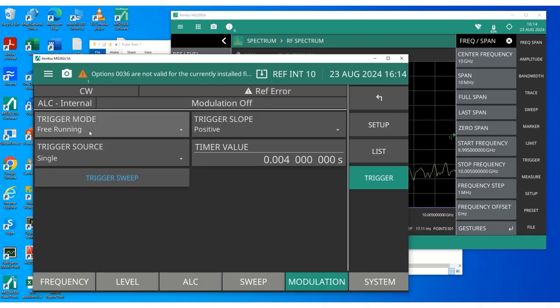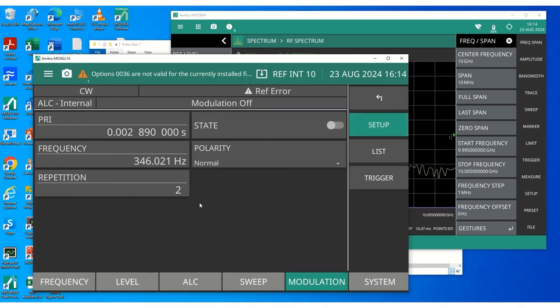So we are going to choose that, and then we are going to go to the setup. As I mentioned, the PRI period that I came up with by adding all the periods of the pulse burst was 2880 microseconds.